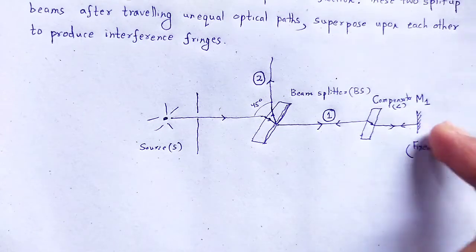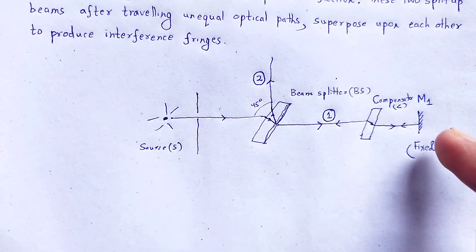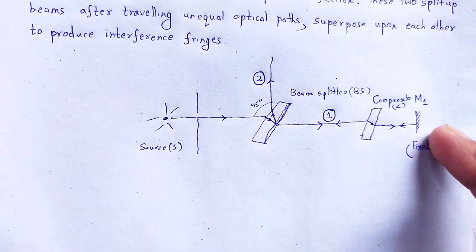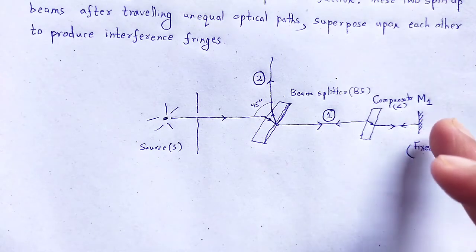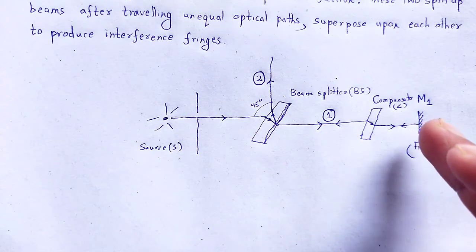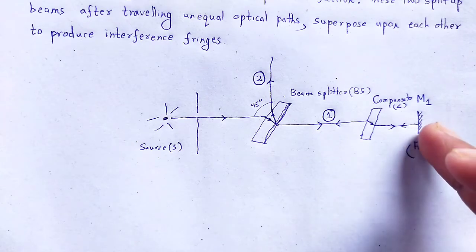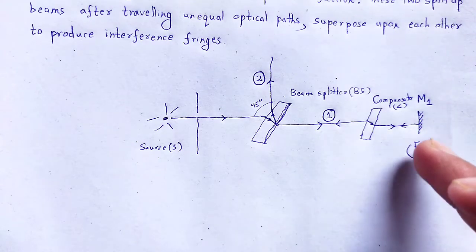That M1, which is fixed, is mounted on a carriage and can be shifted parallel to itself with the help of a micrometer screw, which is fitted with a graduated drum.